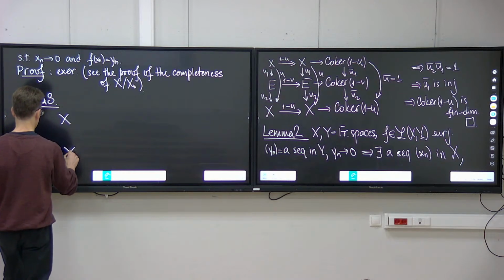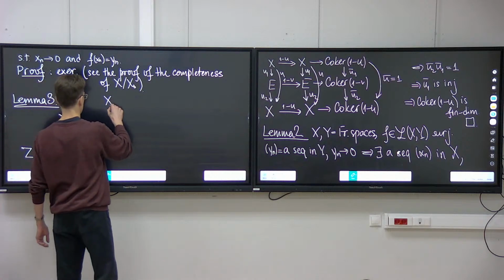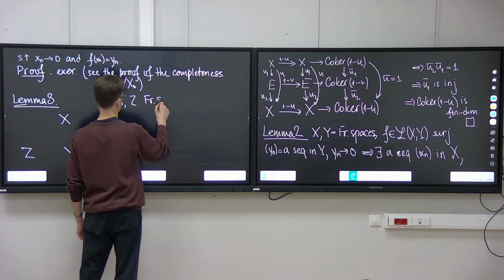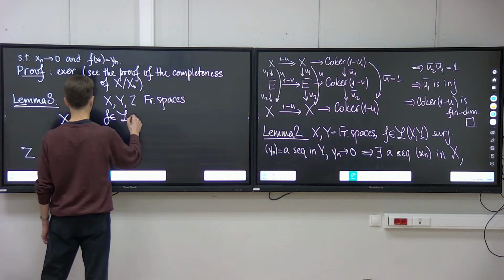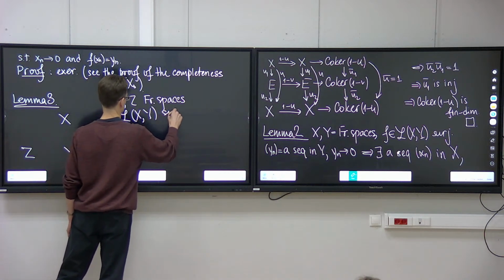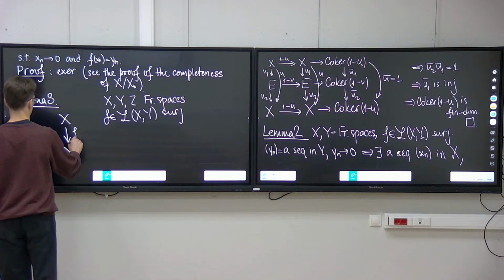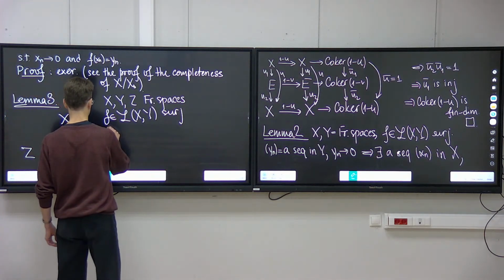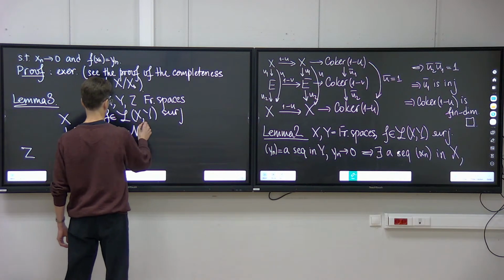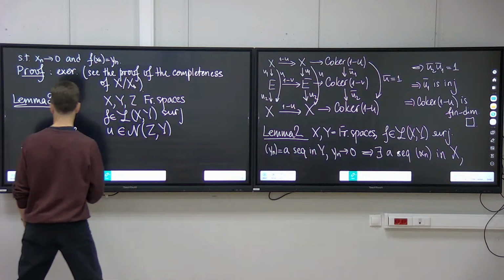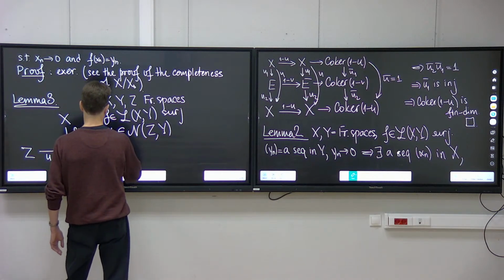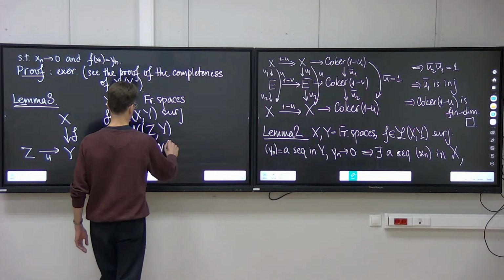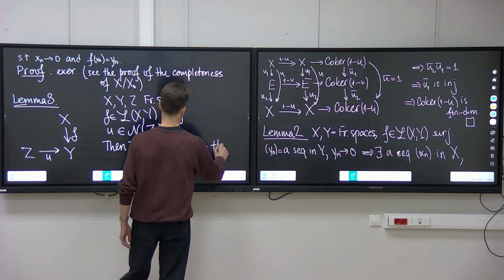X, Y, and Z. So suppose we have Fréchet spaces X, Y, and Z, a surjective continuous linear map f from X to Y, and a nuclear map u from Z to Y. I claim that u can be lifted to a nuclear map from Z to X. Then there exists a nuclear map v from Z to X such that the diagram commutes.